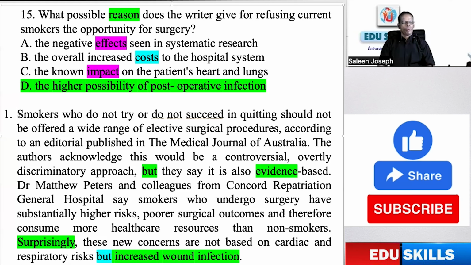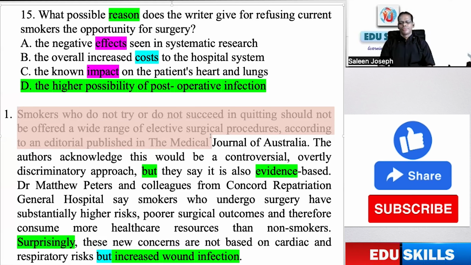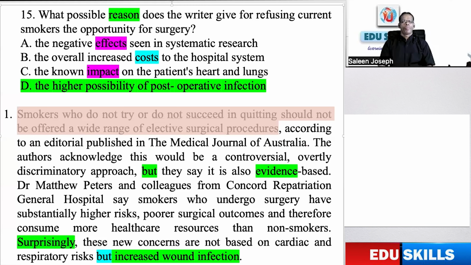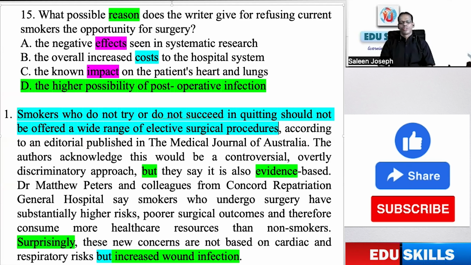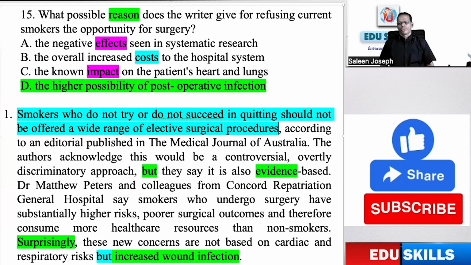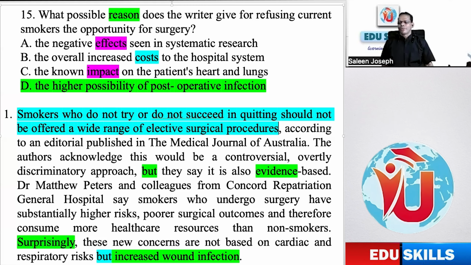Again, you will have to look into the topic sentence. Which is the topic sentence? This is the topic sentence: Smokers who do not try or do not succeed in quitting should not be offered a wide range of elective surgical procedures. Immediately the question is why? Why should they not be offered a wide range of elective surgical procedures?